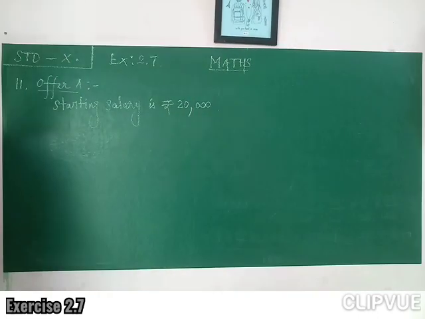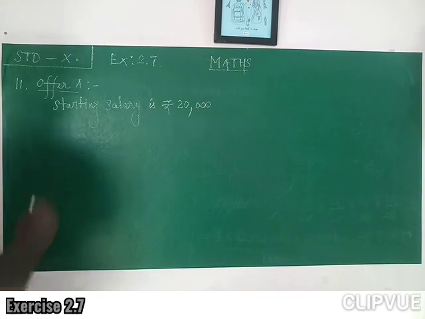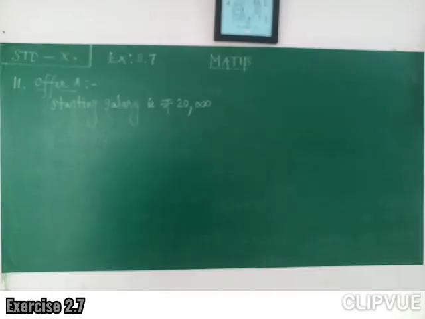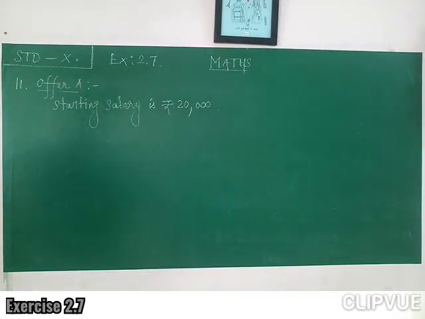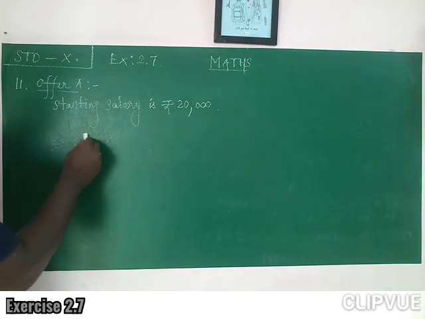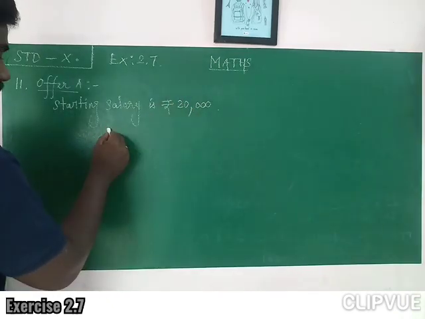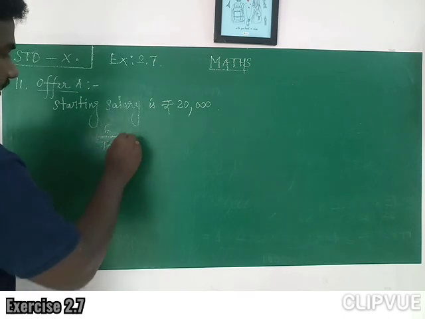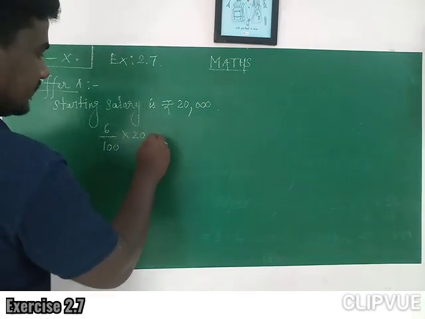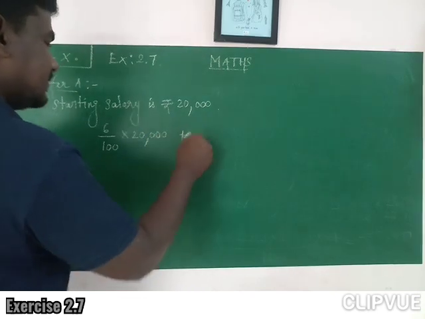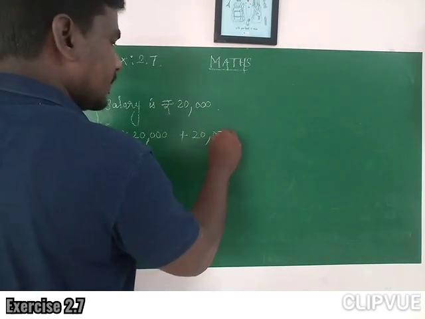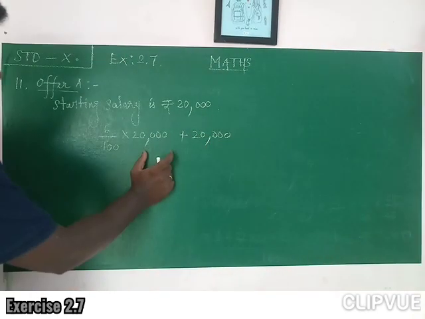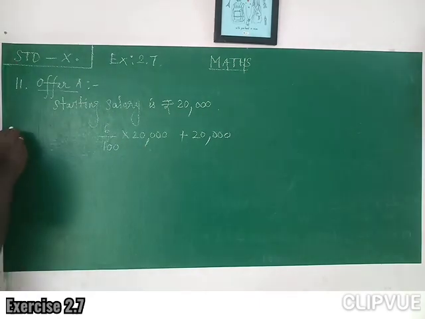Annual increment is 6%. So 6%, how can we calculate? 6% of this amount means we can write it as 6 by 100 into this amount, plus this amount. So what is it? It will be the second year salary.